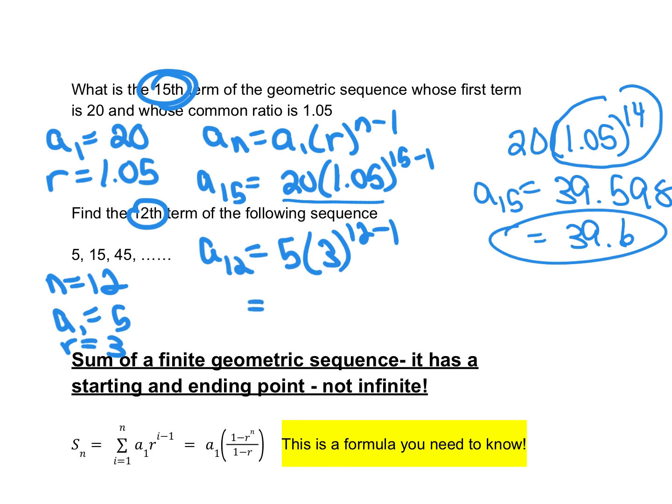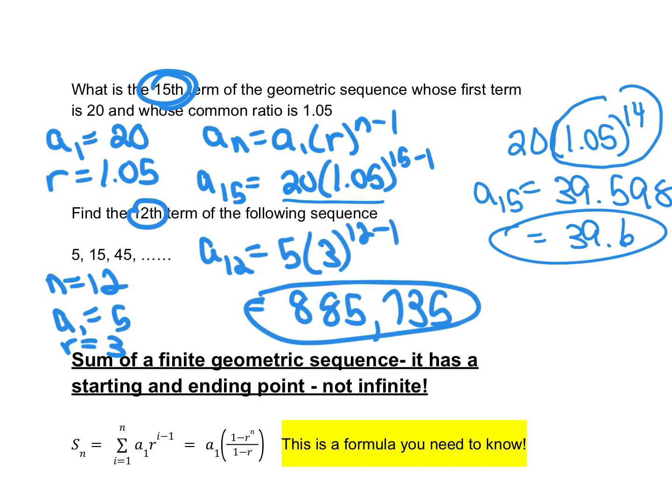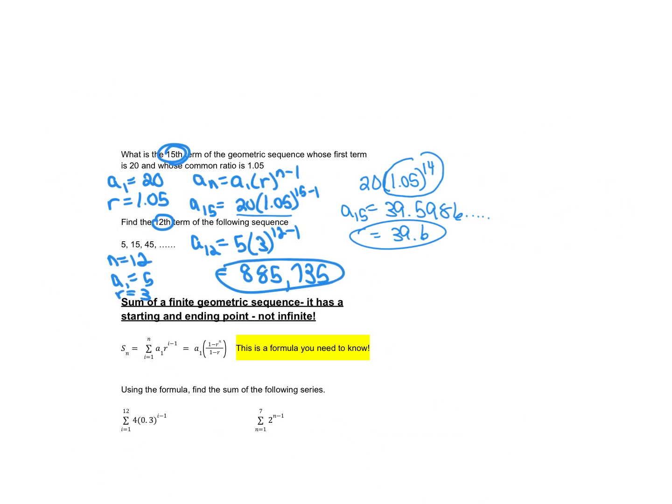And we put that in our calculator very carefully, making sure we're using our parentheses correctly. We would end up at 885,735. So that 12th term, when we're talking geometric sequences, gets very large very quickly when you have a bigger ratio.